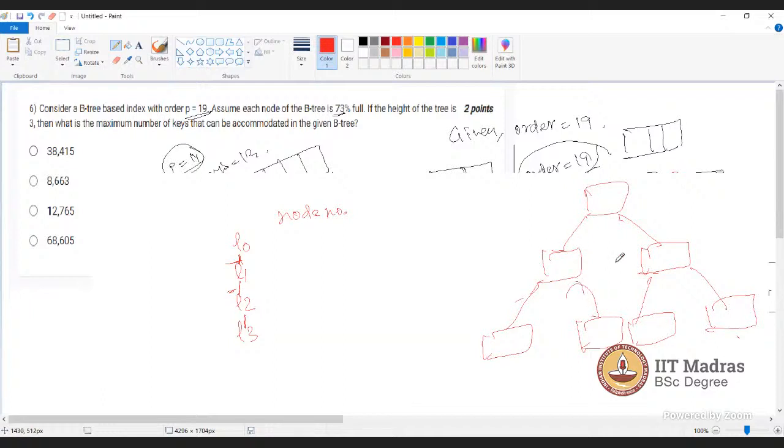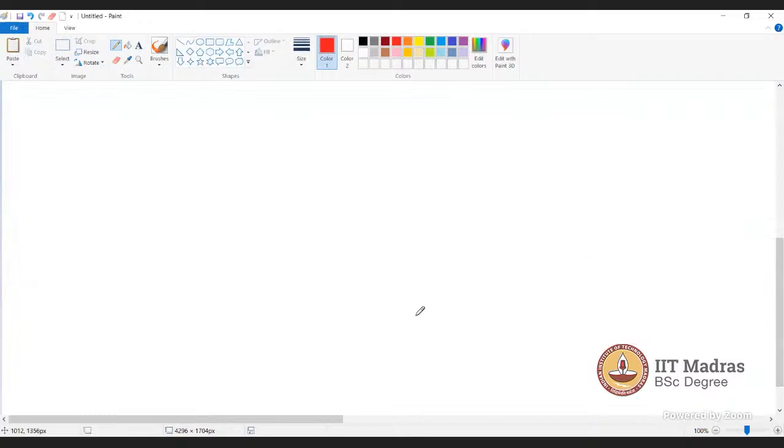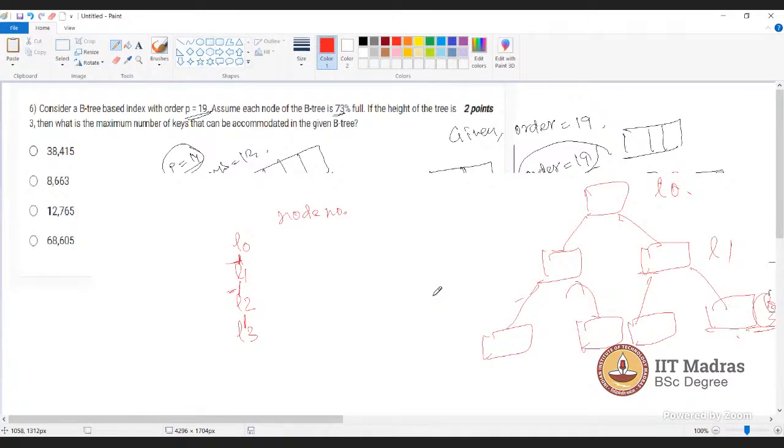It's 2. Yeah, that is level 0, level 1 and level 2, and that is the height. So you got it. That is why I wrote level 0, level 1, level 2 and level 3, right? Yes, sir, I got it.